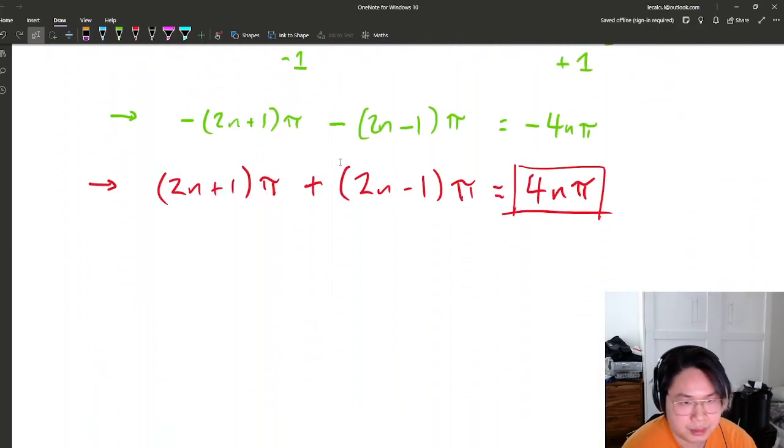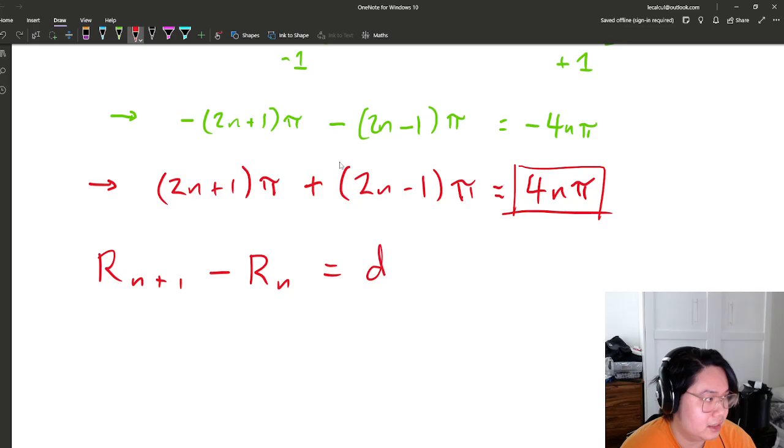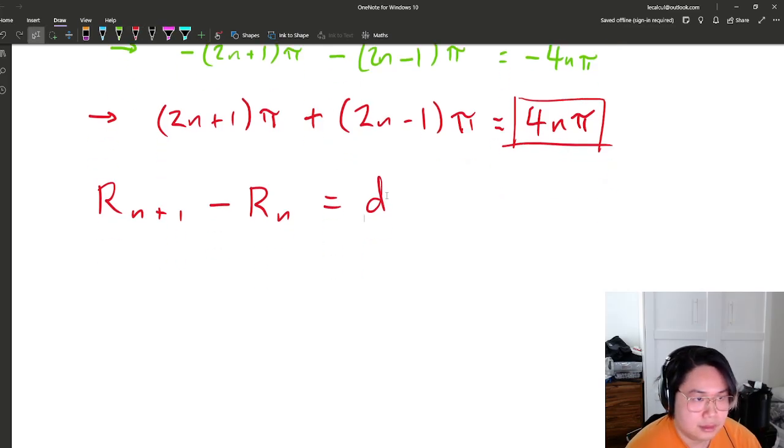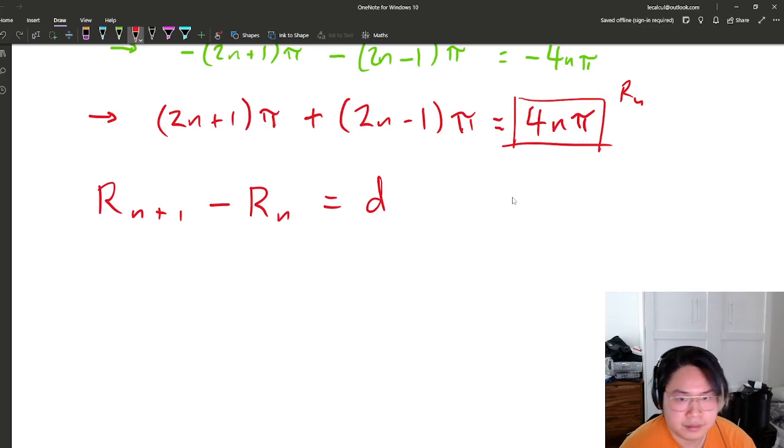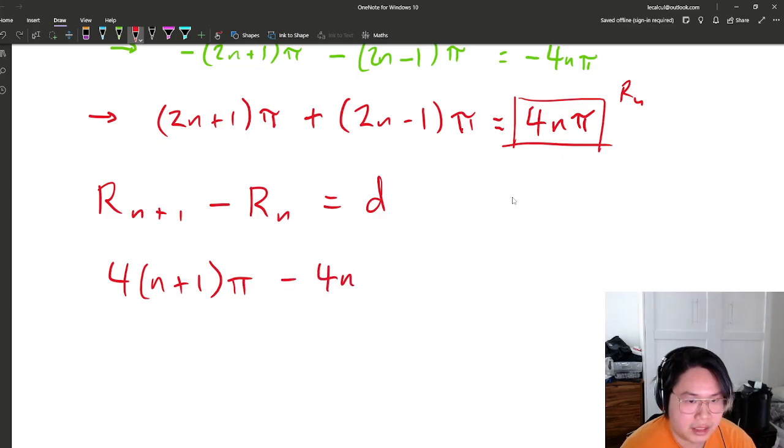Okay, so this is pretty straightforward because we know the previous part. All we've got to do is show that Rn+1 minus Rn is a common difference d. We have an expression for Rn right here. So 4(n+1) pi minus 4n pi.